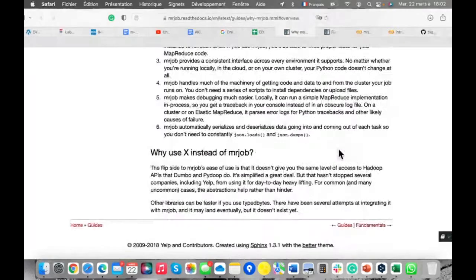So I'm telling you this because this is what we will be using next, and also because this is an example of the kind of startup that you can found if you have this entrepreneurship spirit.